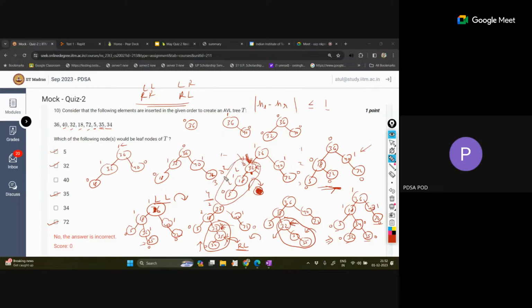The first place we got this type of situation, RR, so an LL rotation, and the second time we got this type, because we applied the rotation only 2 times. So if you know the process, you can quickly solve this. Generally we give a small sequence, so only 1 or 2 rotations are required.